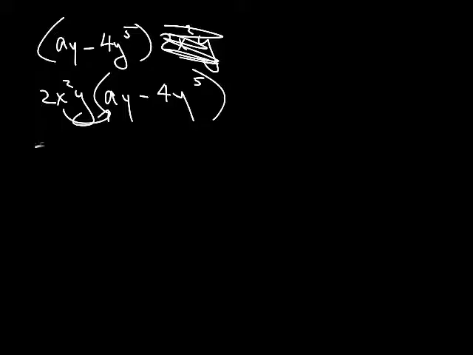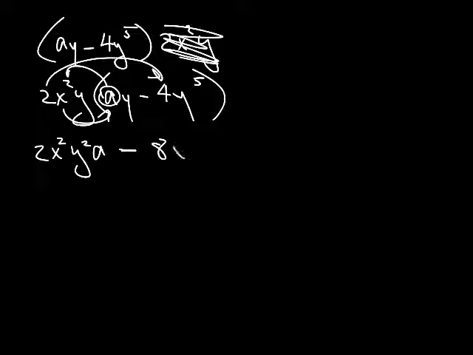There's nothing to multiply the 2 by, so it stays the same. Nothing to multiply the x by, so it stays the same. I do have a y times y, but I have an a here. Couldn't multiply it by anything over here, so it stays there. Have my minus. 2 times 4 is 8. X doesn't multiply by anything, but the y does.